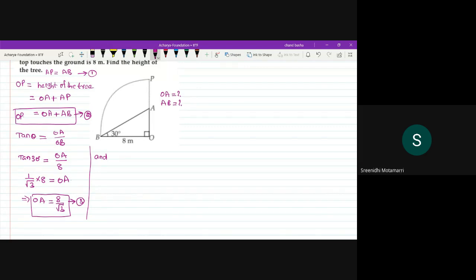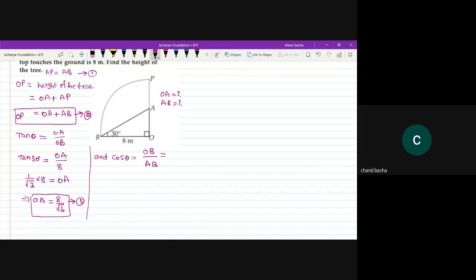Sir, cos theta. Cos theta, very good. We can make use of cos theta is equal to adjacent side, that is OB, upon hypotenuse, that is AB.